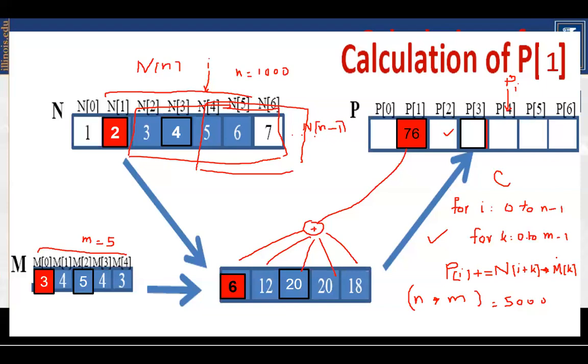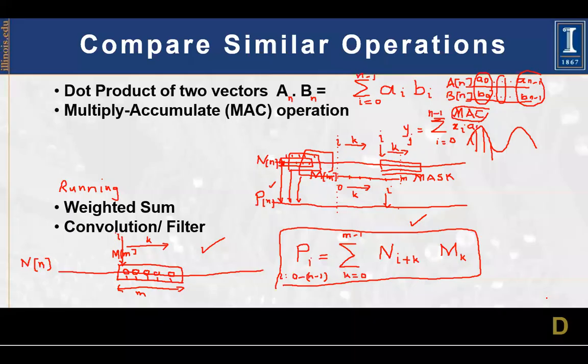So can you see this behavior of calculating a convolution, which is expressed in this mathematical expression, N at i plus k into M at k, accumulated from 0 to m minus 1, where this ith calculation is repeated from 0 to n minus 1.